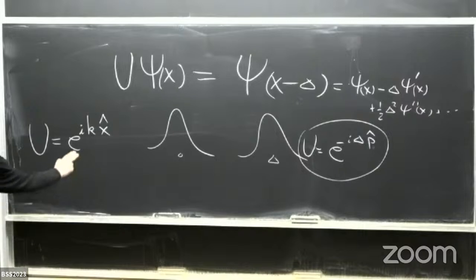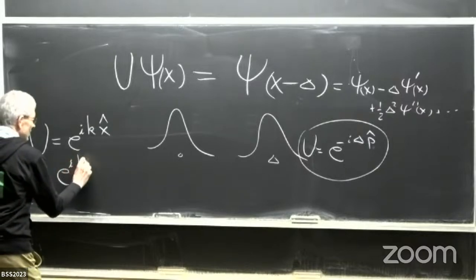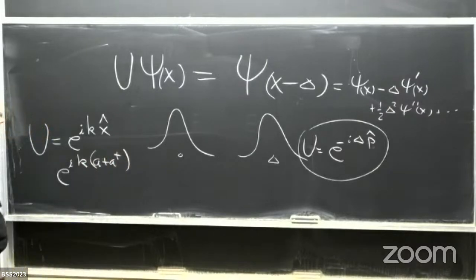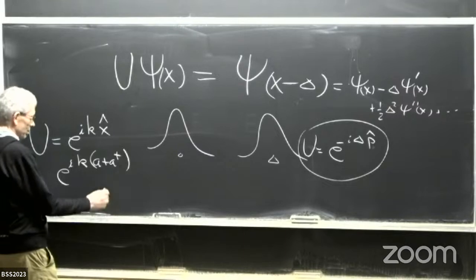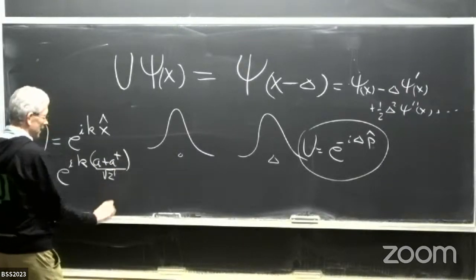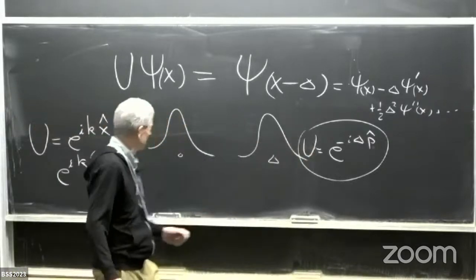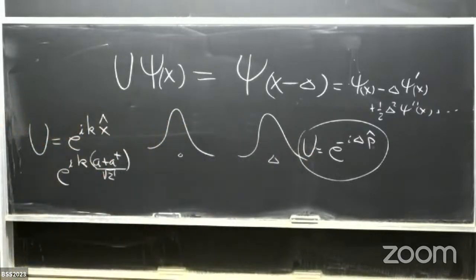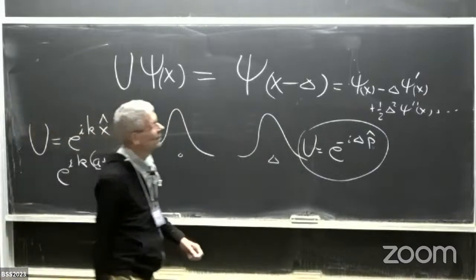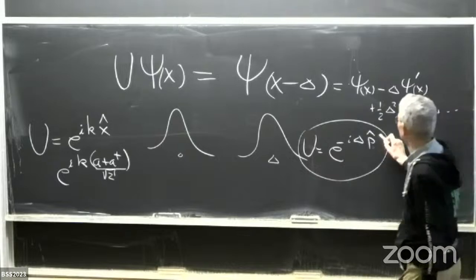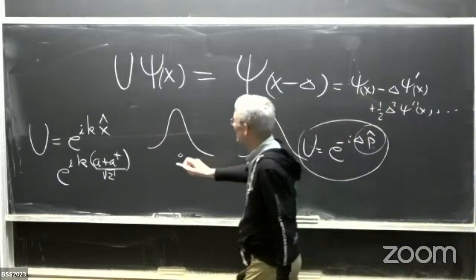So this guy is e to the ik(a plus a dagger), over either 2 or root 2, depending on your units. And this guy looks almost the same, except there's an a minus a dagger. Now alpha a dagger minus alpha star a is some linear combination of p and x.